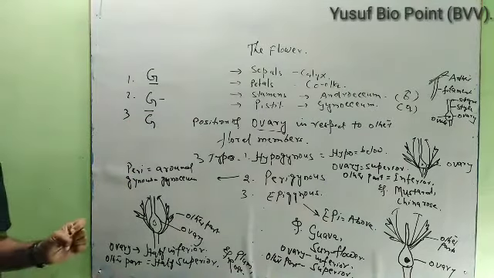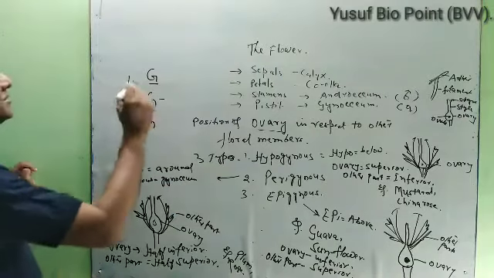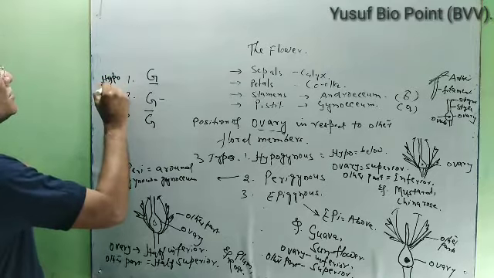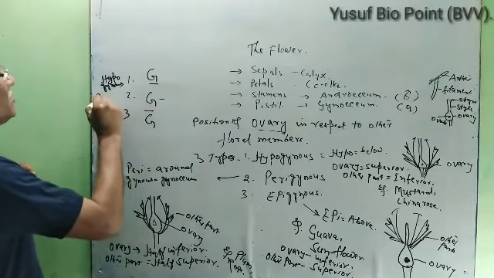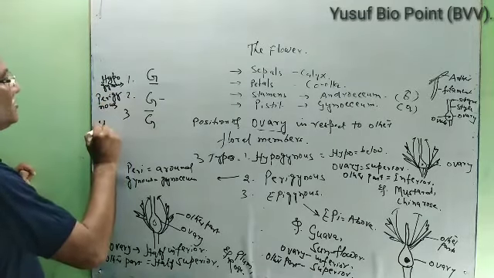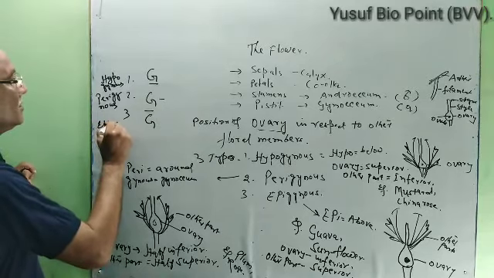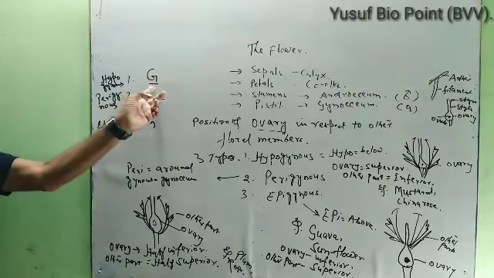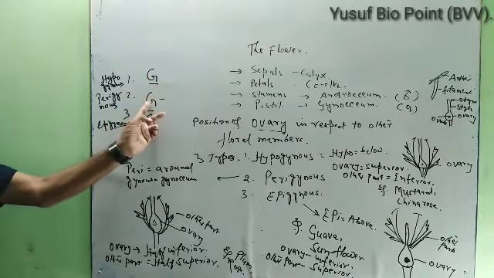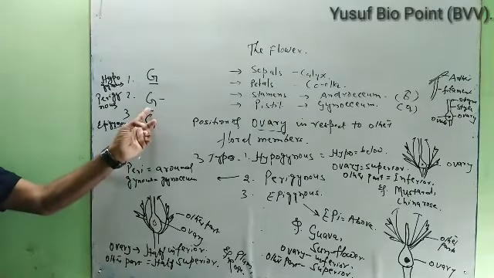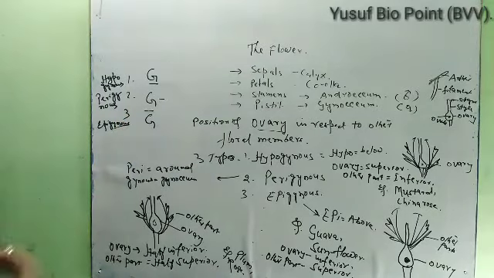So these are the three symbols. This is of hypogynous, this is of perigynous, and this is of epigynous. Means gynoecium on the top and all the other parts below; gynoecium and all other parts at the same level; and gynoecium below and all the other parts above. So these are the symbols of these types.